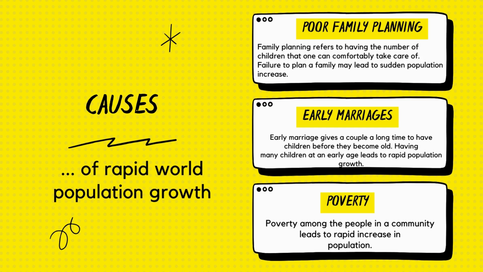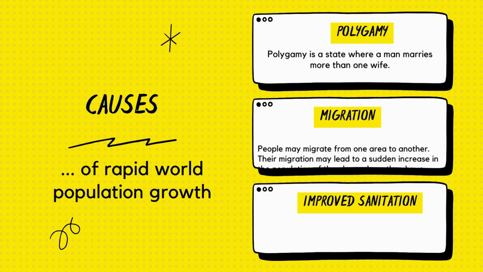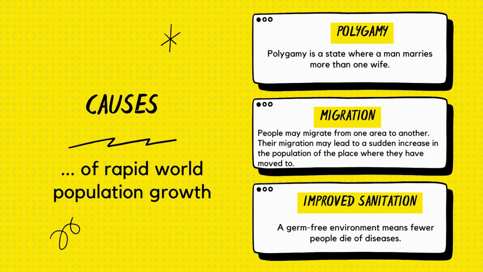The other cause is poverty, the inability to provide for the family. Poverty among the people in the community leads to rapid increase in population. Other causes include polygamy, a state where a man marries more than one wife.